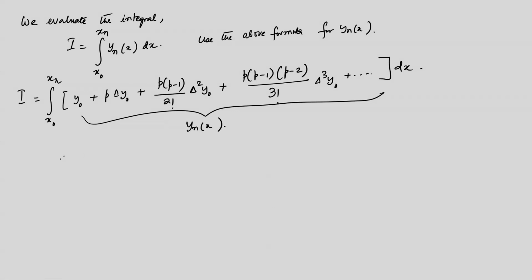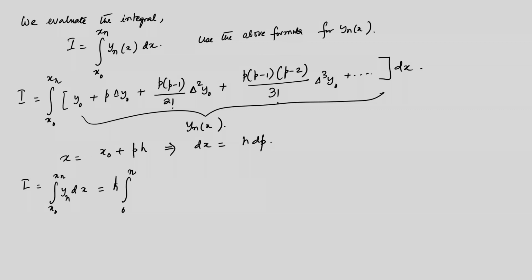Now, if you remember, your x is equal to x 0 plus p h. So, that tells you that dx is equal to h dp, and we can replace this there. So, your I becomes equal to integral from x 0 to x n of y dx or y n dx. This is equal to h integral from 0 to n.